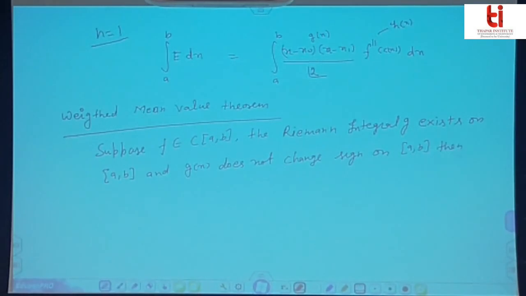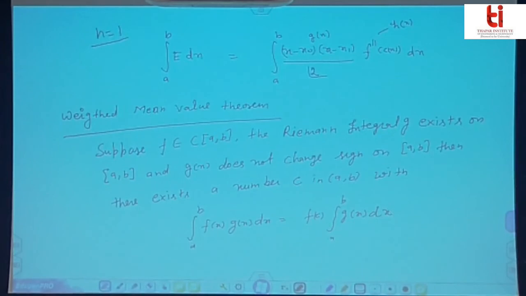Then there exists a number c in the open interval (a, b) with the integral from a to b of fx gx dx equal to f of c times the integral from a to b of gx dx.